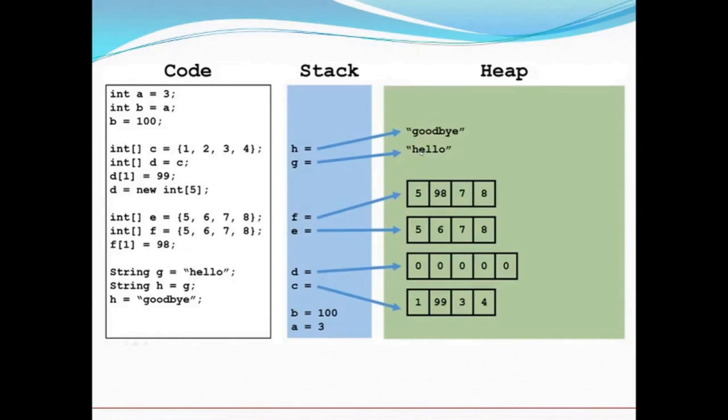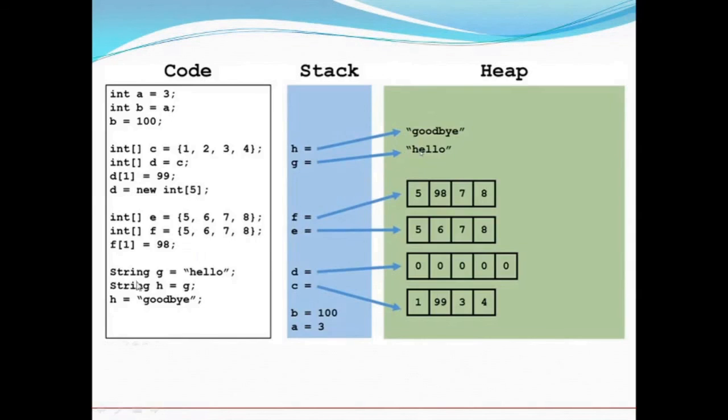Actually, the thing behind it is that the string class is not mutable, it is immutable. So the string is an immutable class. So when we provide a string G is equal to hello, then obviously it is a reference data type, so the G variable will hold the reference to the hello on the heap.